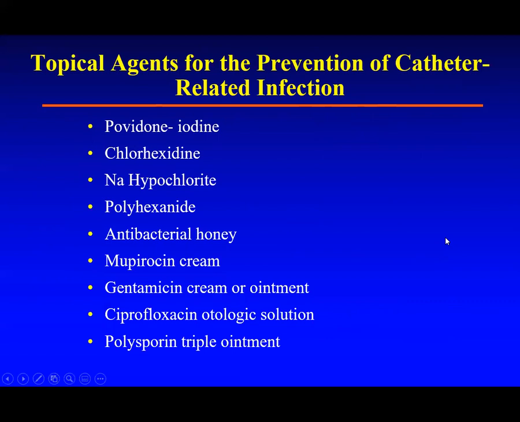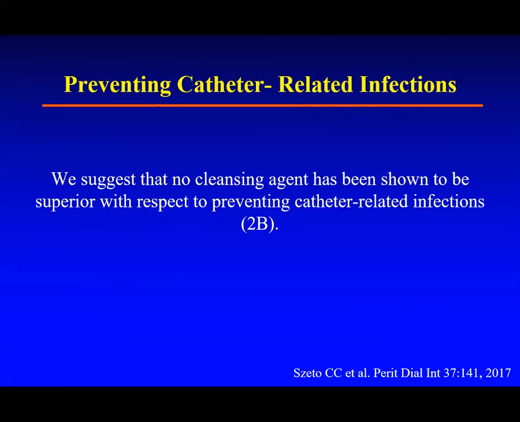Apart from mupirocin and gentamicin, there have been a number of other agents recommended for the prophylaxis of exit site infection, and you see them listed here, things such as ciprofloxacin otologic solution, antibacterial honey, sodium hypochlorite, etc. And the official recommendation from the ISPD is no cleansing agent has been shown to be superior with respect to preventing catheter-related infection.